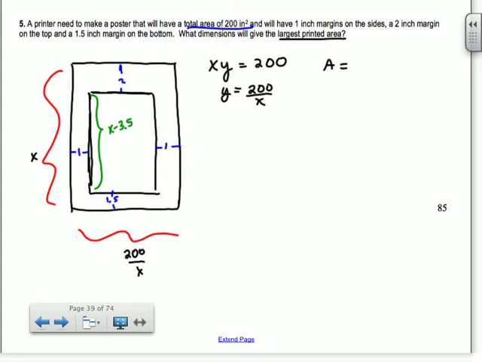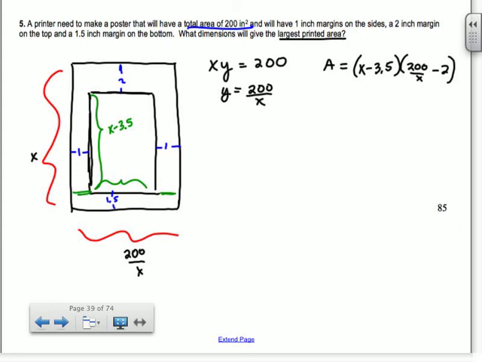So I'm going to have X minus 3.5. And then I had 200 over X, but now I subtracted out 1 and 1, right? So I have 200 over X minus 2. That's what you're trying to maximize.